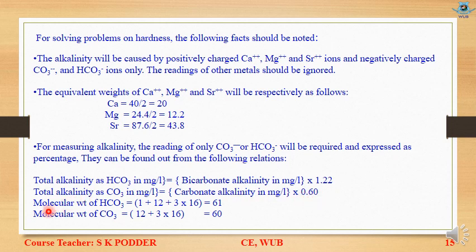And here we provide the molecular weight of bicarbonate: 1 for hydrogen, 12 for carbon, and 16 for oxygen, and there are 3 oxygen, so we multiply by 3, then it is 61, and in a similar way the molecular weight of carbonate is equal to 60.